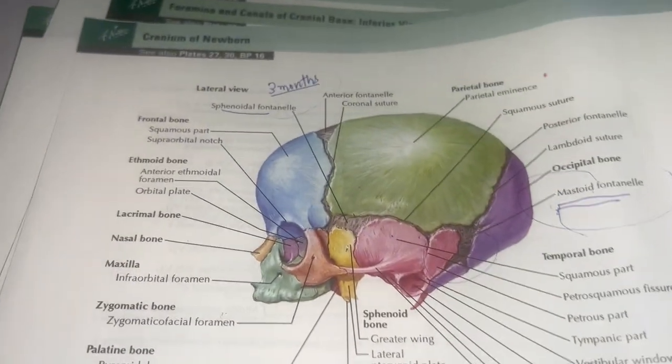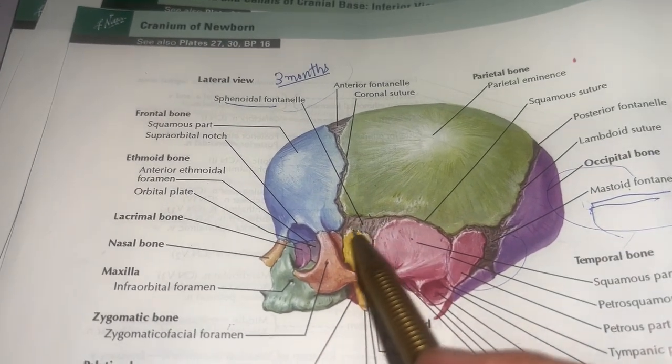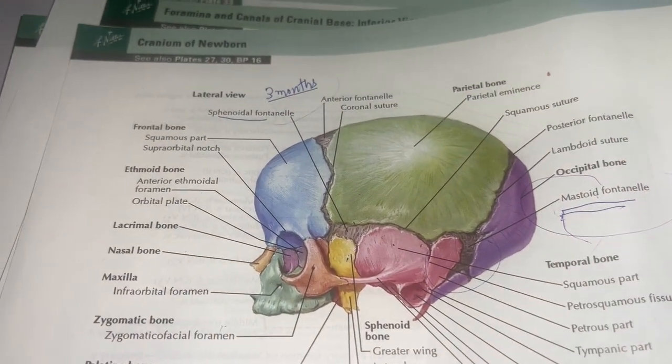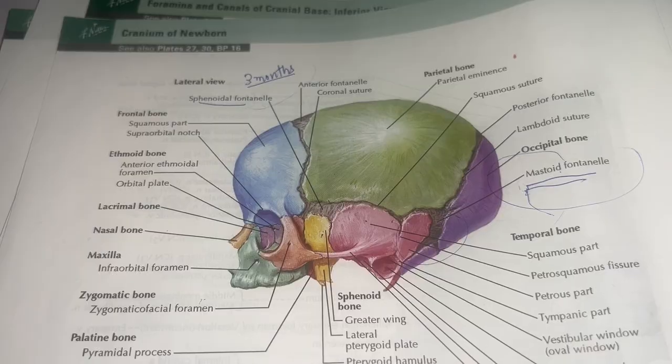The anterolateral fontanelle is also closed by 3 months, and it is represented by the pterion in the adult skull.